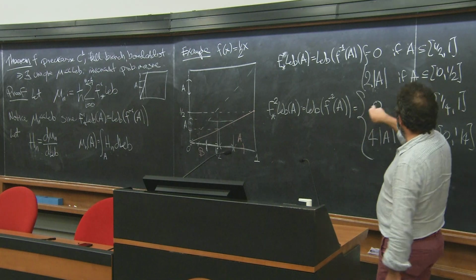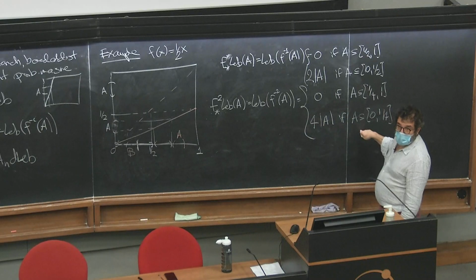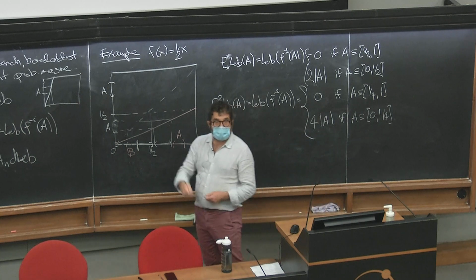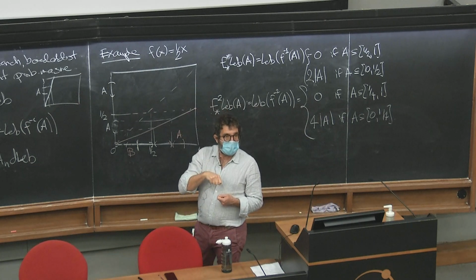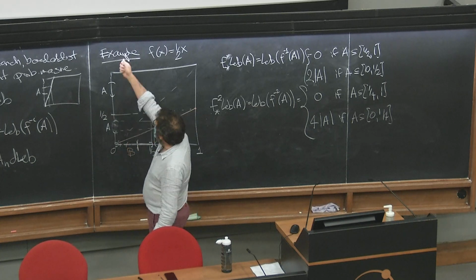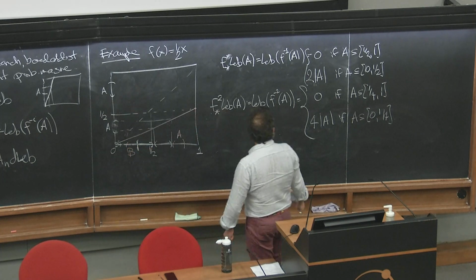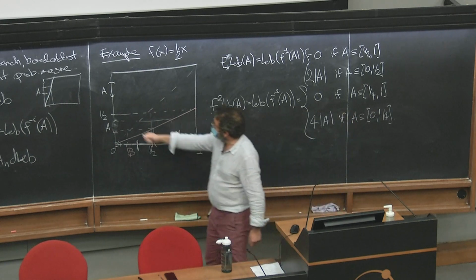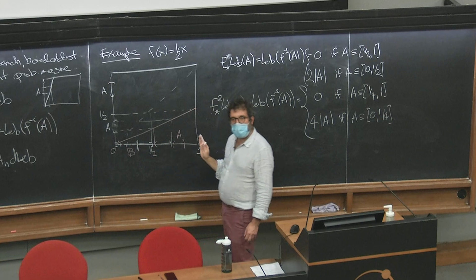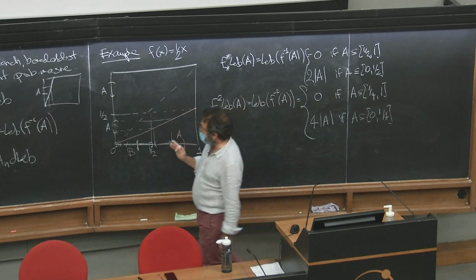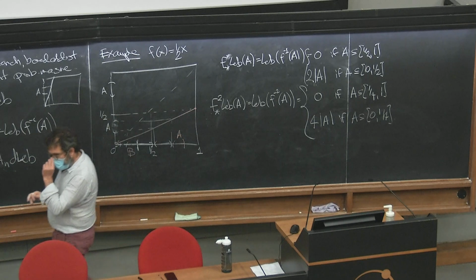The density of this one is 0 here, and it's 4 here, right? So in this particular example, the density Hn is a simple step function that on the interval of length 1 over 2 to the n has size 2 to the n, and is 0 everywhere else. Exactly, the characteristic function of that.